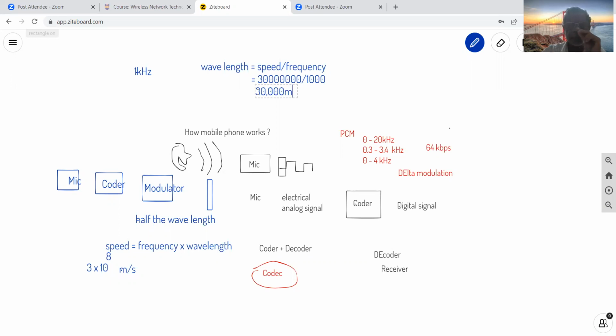Right? Then if it is a 1 megahertz signal, 1 into 10 to the power 6, what is the antenna length or wavelength? The wavelength is lambda, correct?